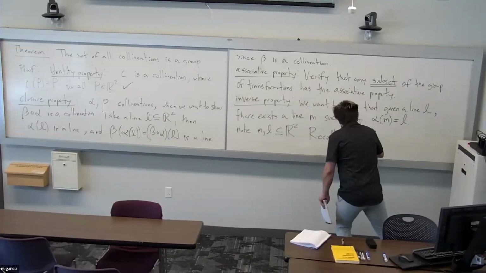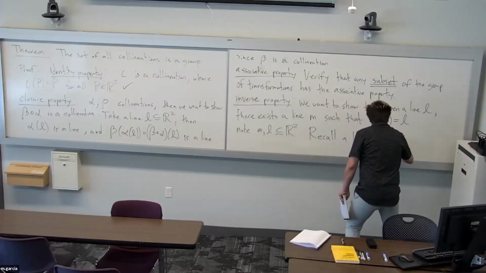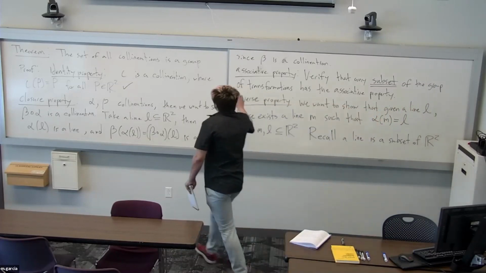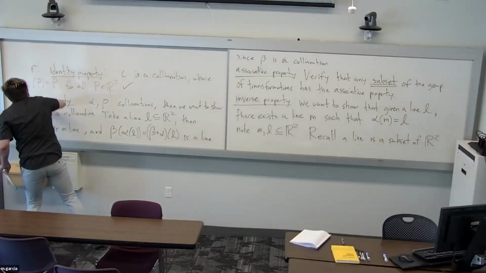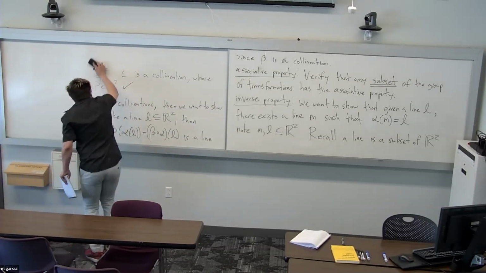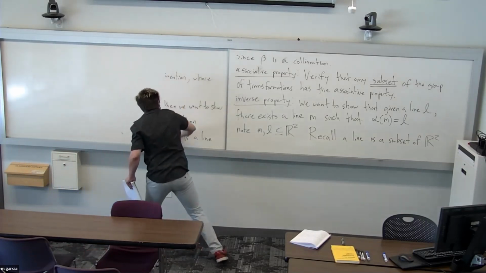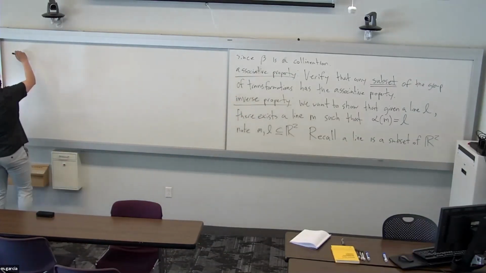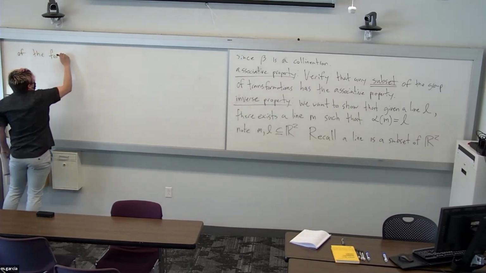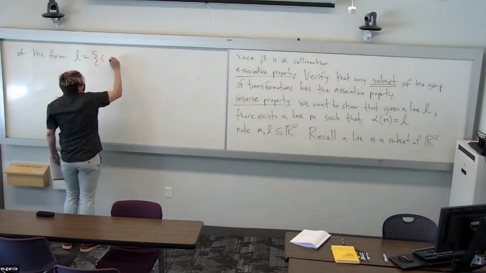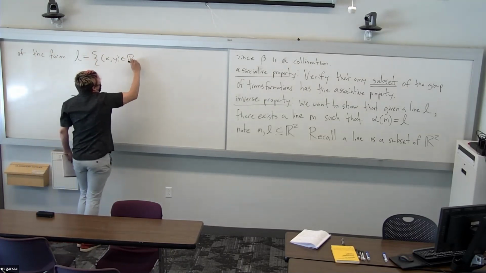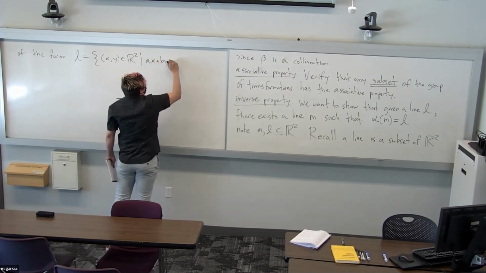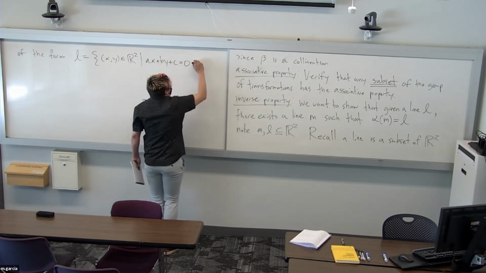Recall, a line is a subset of R2 of the form: it's the set of points in the plane such that we have AX plus BY plus C equal to 0.